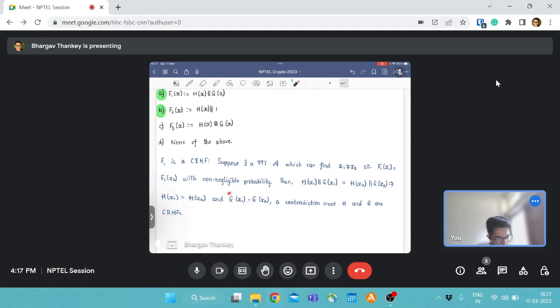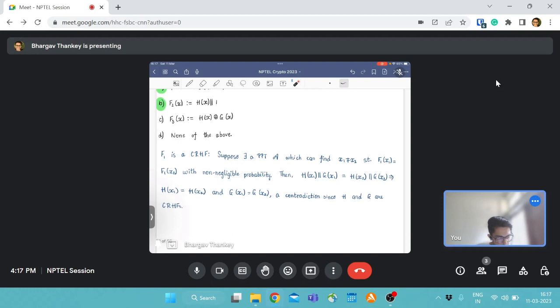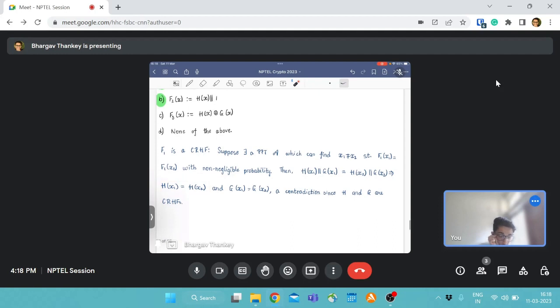So even if G were not a collision resistant hash function, this could happen with non-negligible probability, but this cannot happen with non-negligible probability, right? So even if G were not a collision resistant hash function, F1 would still be a collision resistant hash function.